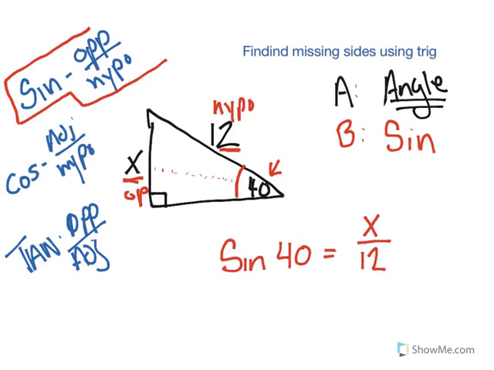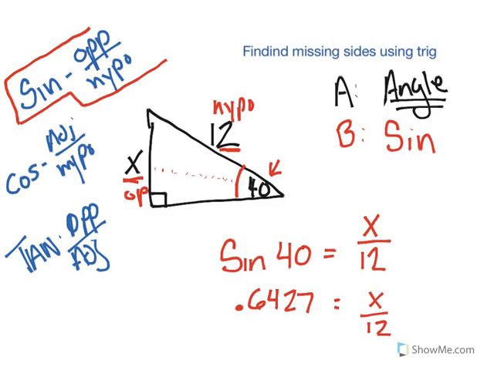Here is where we need our calculator. I'm going to put in sine 40 and use just the first four decimals: 0.6427 equals x over 12.